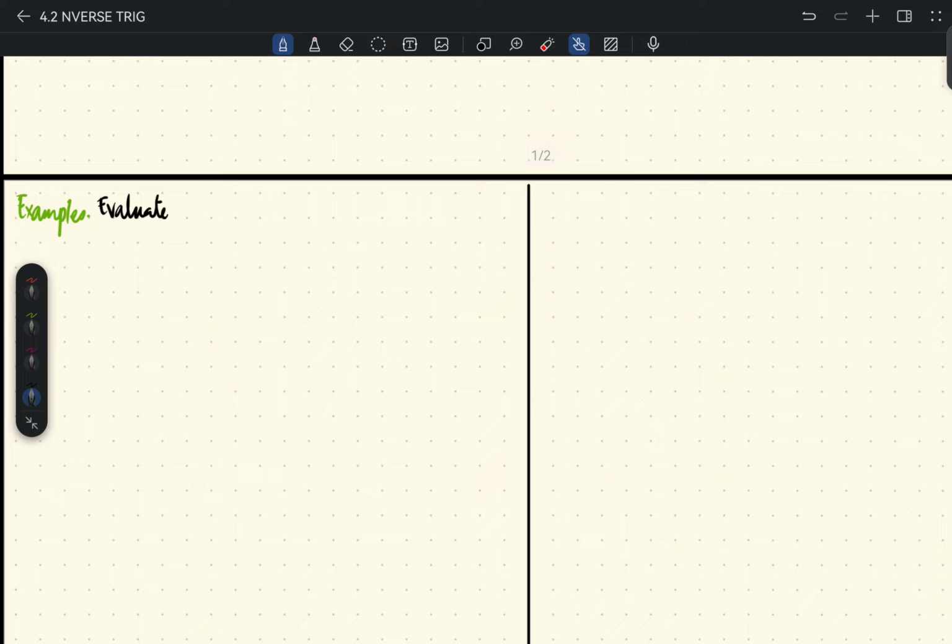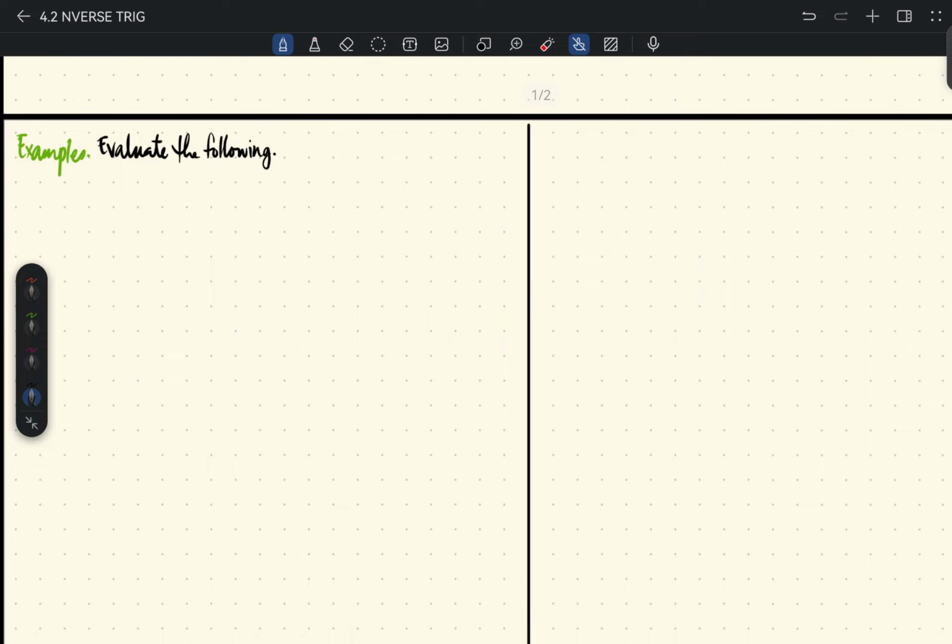So let's evaluate the following. First one, let's consider cosine inverse of square root of 2 over 2.